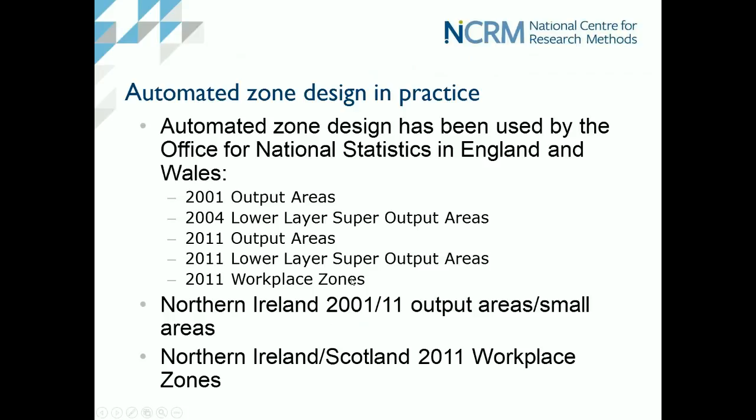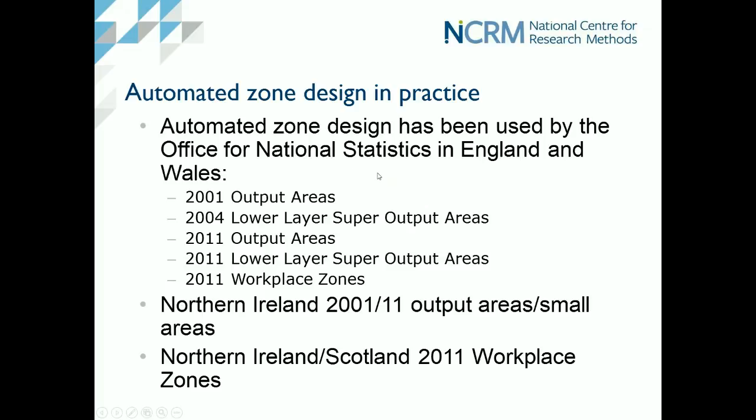If you're looking for instances where these have been used, I just kept that slide in from a previous slide pack I've used. These are areas in which automated zone design using our tools are already in place. So 2001 census output areas, lower layer super output areas from 2004, the 2011 census geographies, output areas, super output areas, and the new geography of workplace zones, Northern Ireland output areas and small areas for 2001 and 11, and the newest of them is the workplace zones for Scotland, Northern Ireland, to add to the England and Wales set.